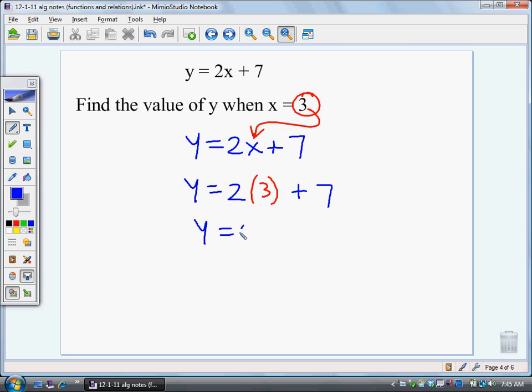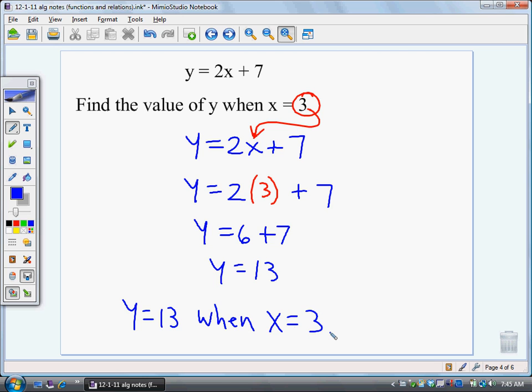So y is 6 plus 7, y is equal to 13. And so y equals 13 when x is equal to 3. This is something we did at the beginning of the year, and everybody should be able to do that.